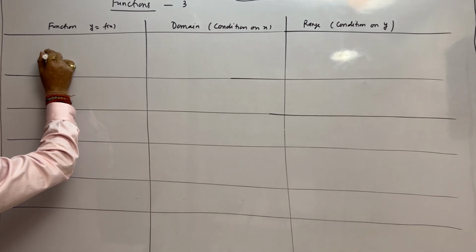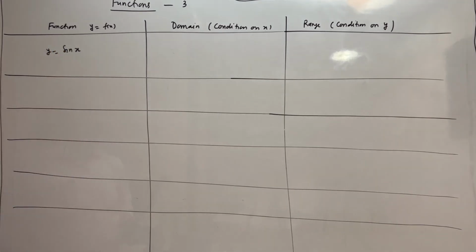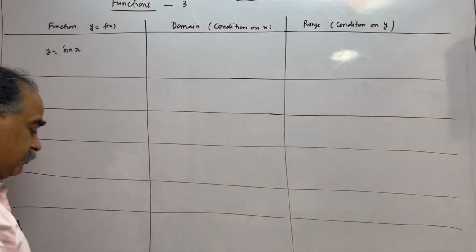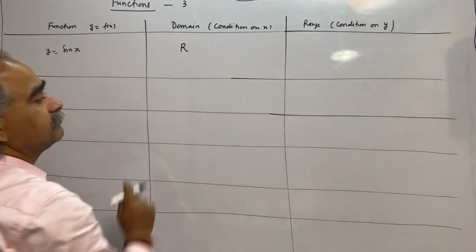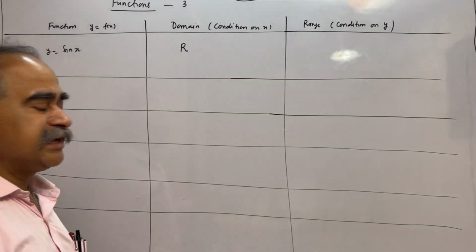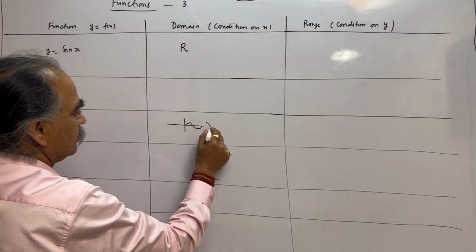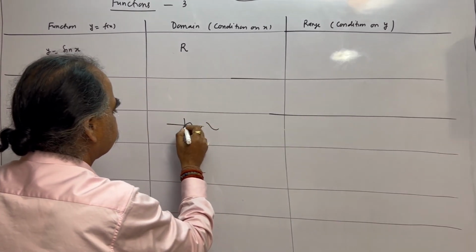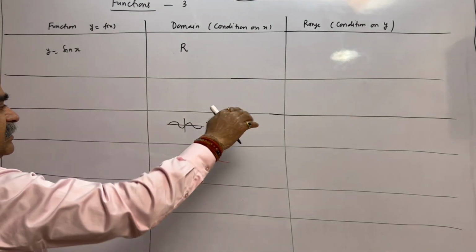Y is equal to sin x. So domain is what? Set of entire real line. It can be any real number because the graph is like this, and on this side you'll get like this. That means it is the entire real line.